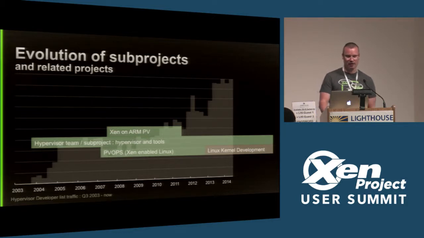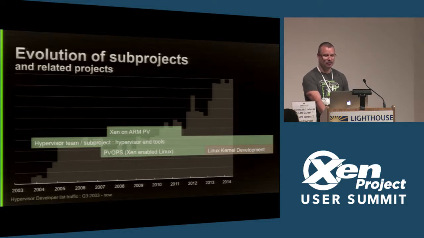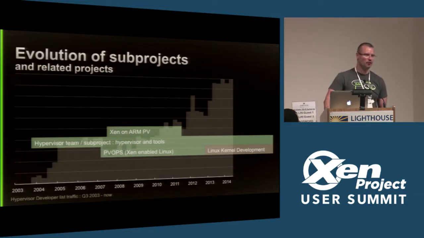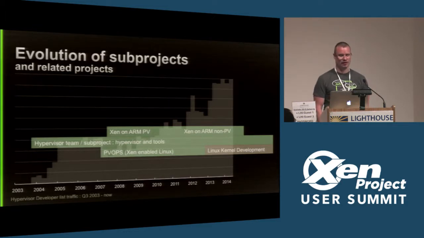So when it happened, rather than trying to take that existing code base and upstream it, we decided within the community to start again and take all the stuff we learned from the original Samsung port and move forward. So we created the Xen on ARM project. And the goal of that project was fundamentally to build ARM support into the hypervisor baseline, right?